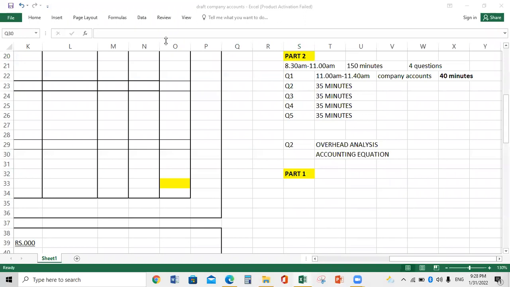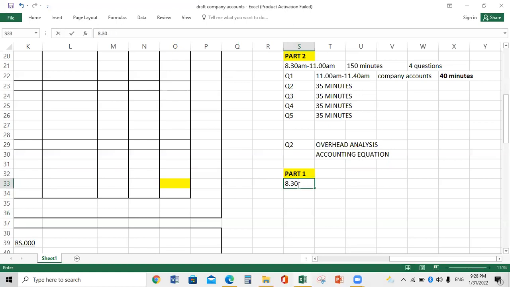Morning, time 8:30 to 11:30 or 11:40. Sorry, 10:30 or 10:40. 10:30. So no reading time, 8:30 to 10:30.